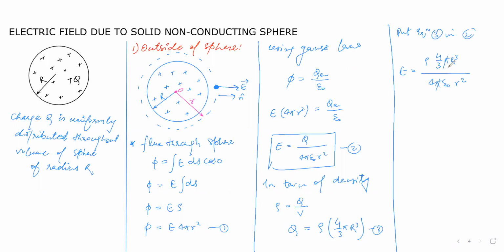Pi is cancelled with pi and 4 is cancelled with 4. You get E is equal to rho R cube over 3 epsilon naught r square. This is your value of electric field in terms of density. Note it down, please.